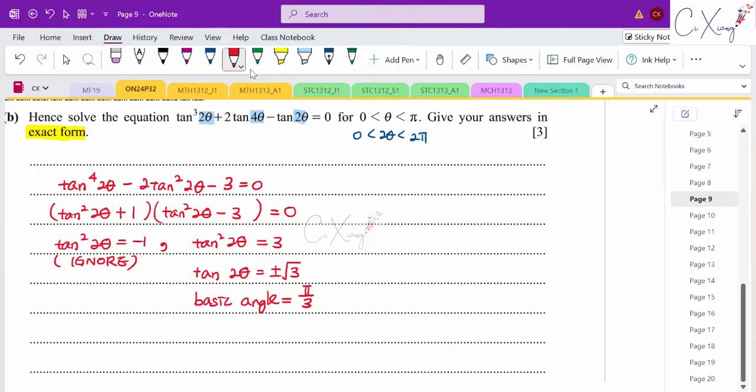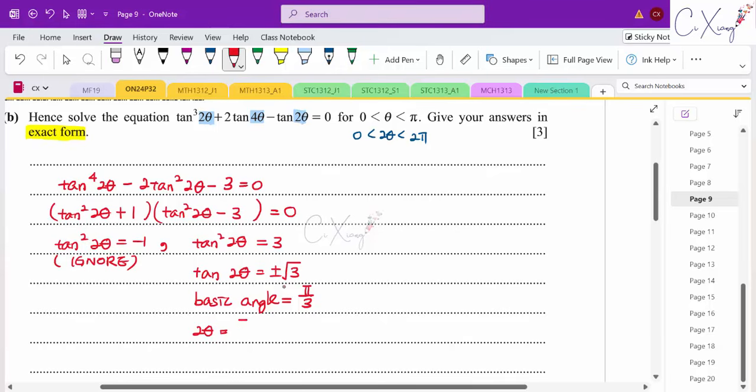So to get the quadrants with plus and minus sign for tangent, I have to consider all the 4 quadrants. First quadrant is pi over 3, the basic angle. Second quadrant, the answer is pi minus pi over 3, or pi minus the basic angle.